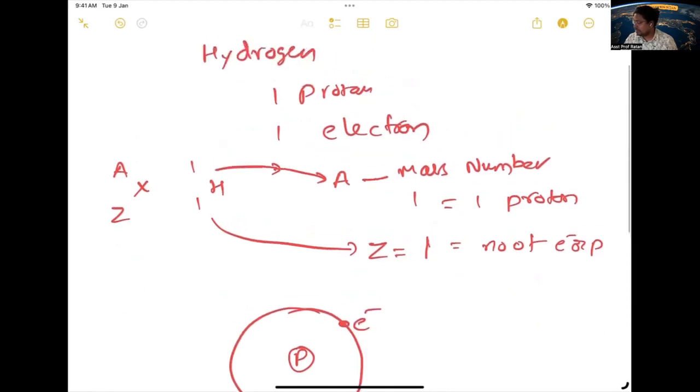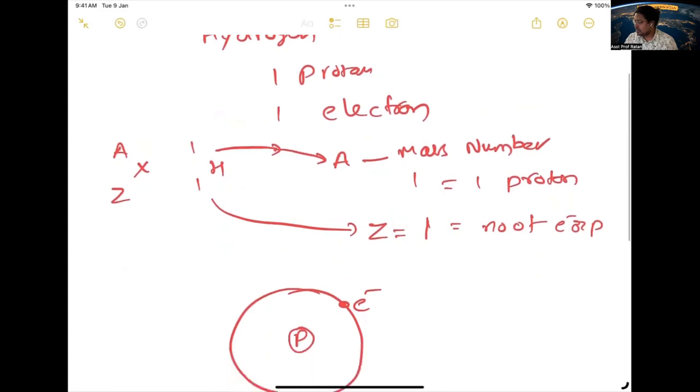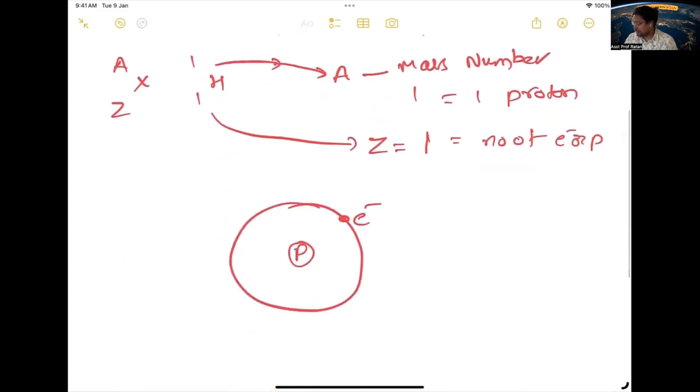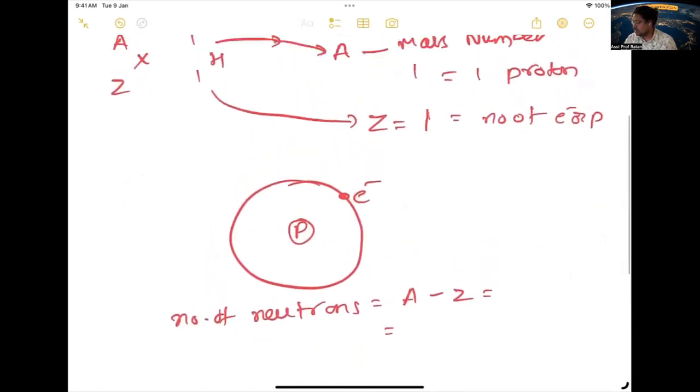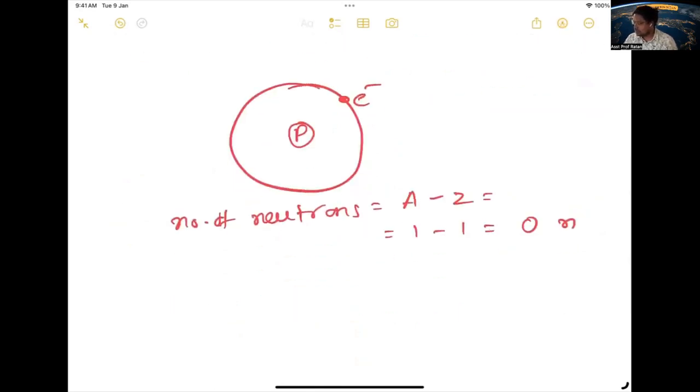That is what the symbol says. So Z is the atomic number, A is the mass number. If you want the number of neutrons, it can be obtained by A minus Z. Here one proton, one electron, so zero neutrons are there. So the number of neutrons can be obtained by A minus Z.